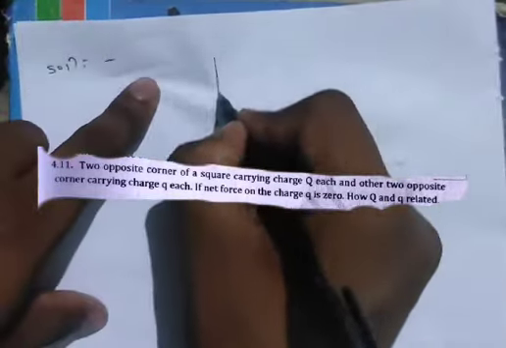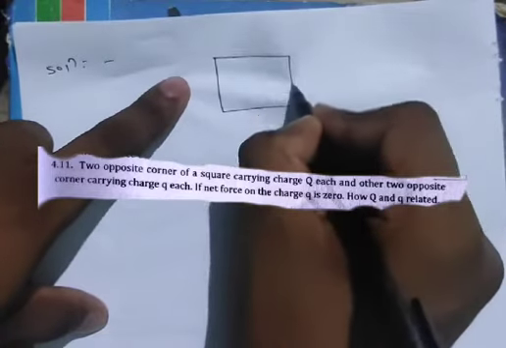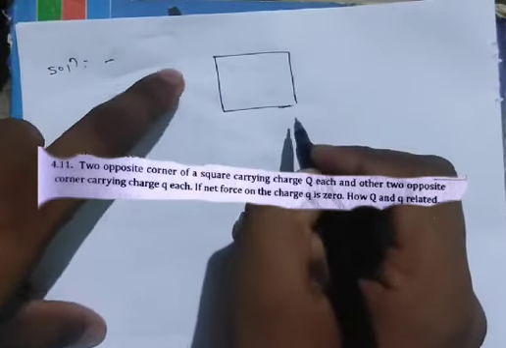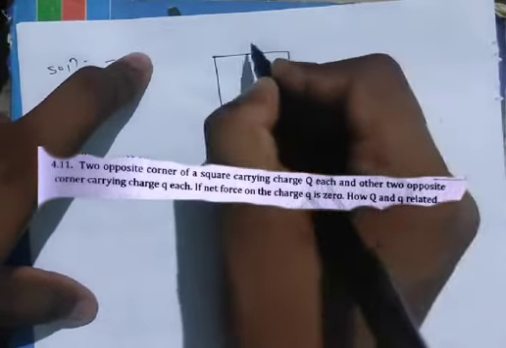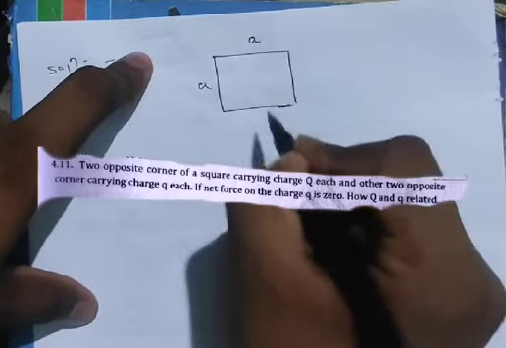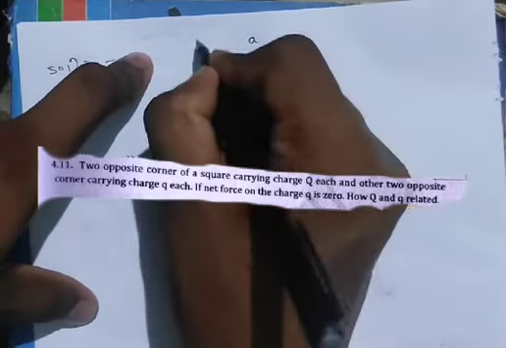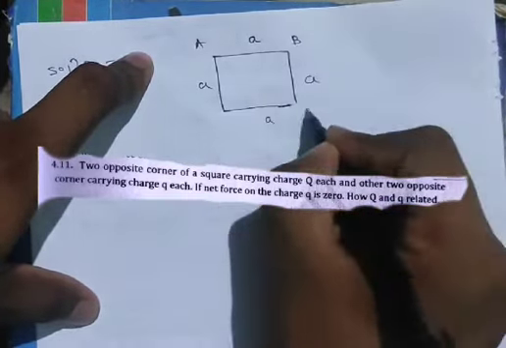So there is a square. Suppose the length of the side of this square is a, and I am naming the square ABCD.